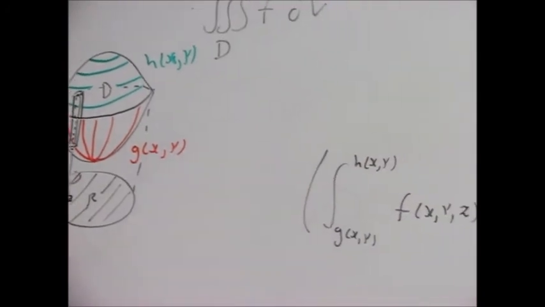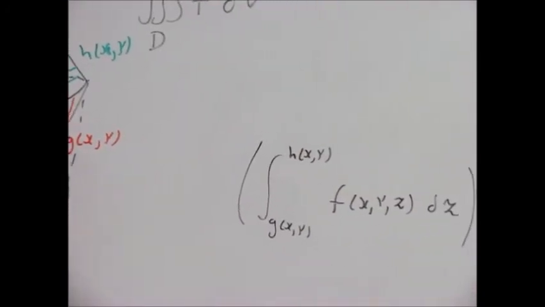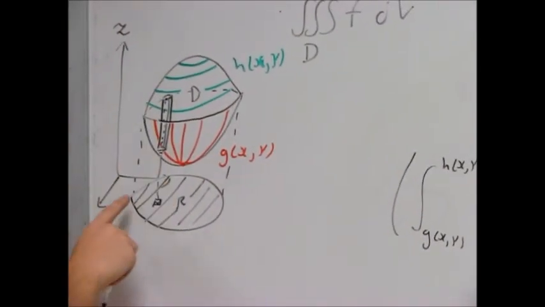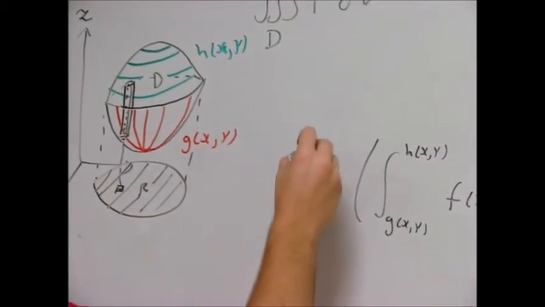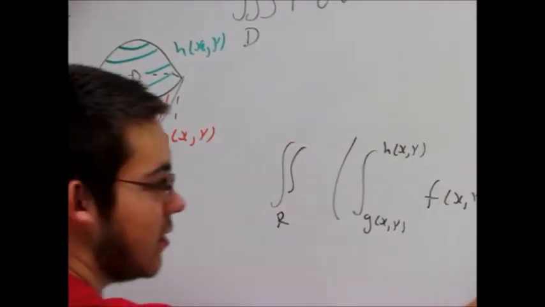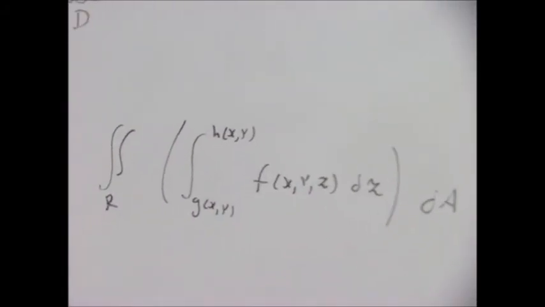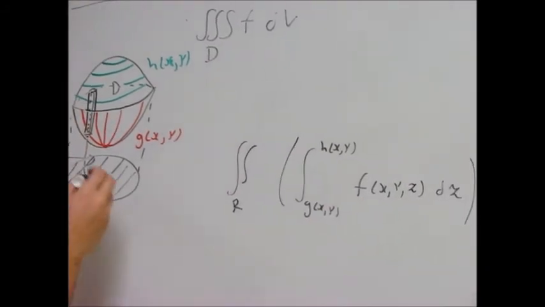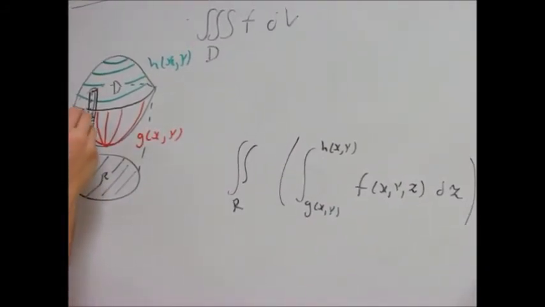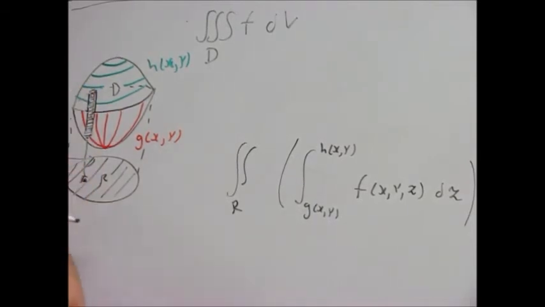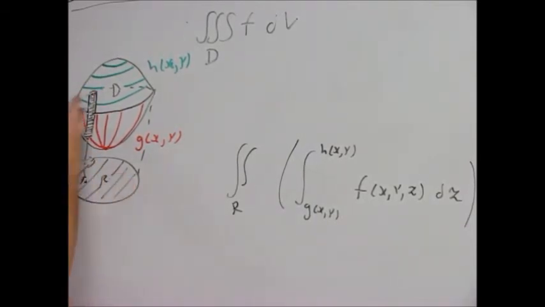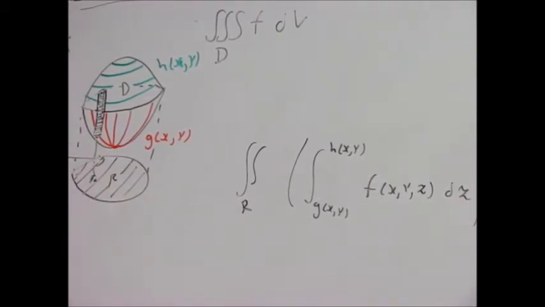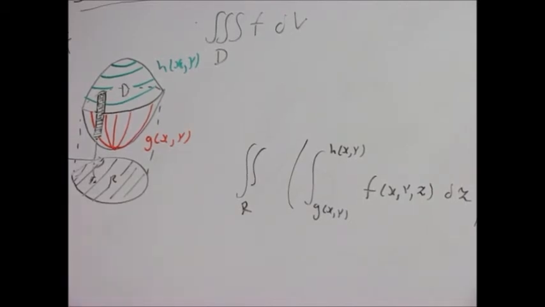This thing right here tells you the integral of a vertical slice of this. And how many vertical slices do you have? Well, you have all of the ones that are in this whole region. So you're really going to integrate in this region dA. This is a tiny piece of A. It's going to go up like this. So the dA times the dz, added up, integrated dz, will give you all these things here, and you integrate all of that throughout this whole region to get the whole thing. And just to finish the example, you can also divide this region, as we already know, as a double integral.